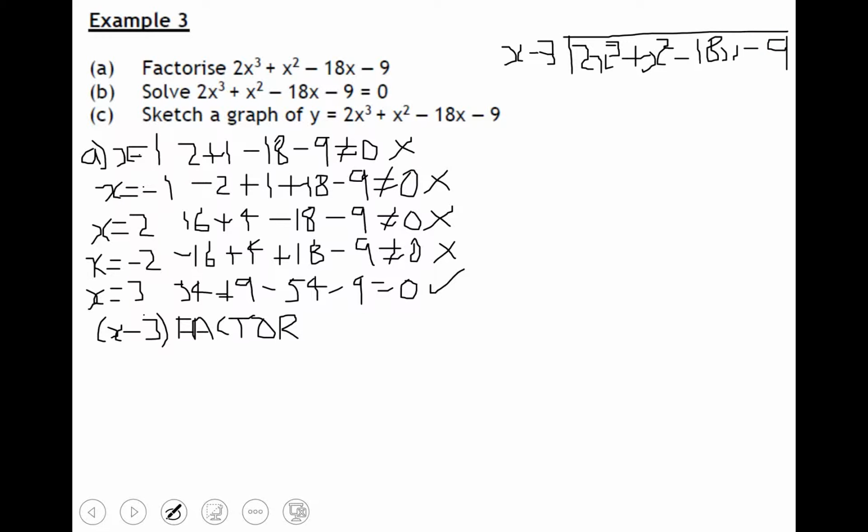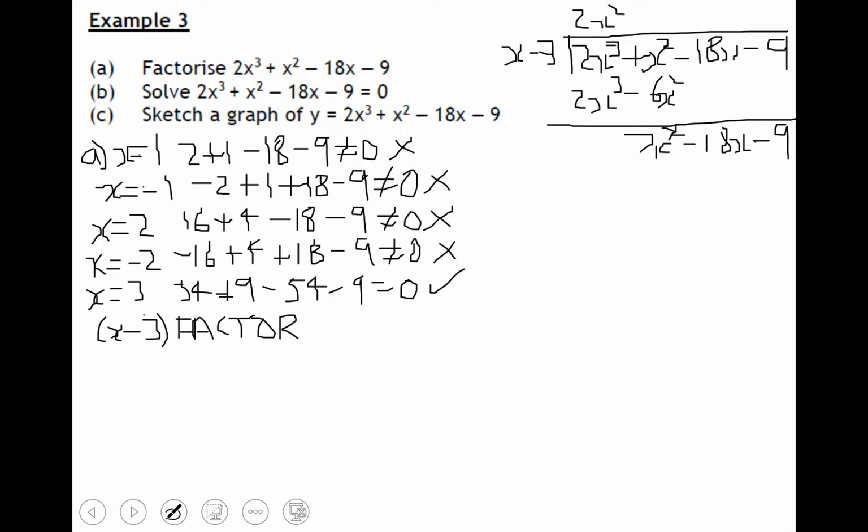So what do we multiply x by to get 2x cubed? We get 2x squared. 2x squared times x minus 3 is 2x cubed minus 6x squared. Subtracting, we're going to get 7x squared minus 18x minus 9.